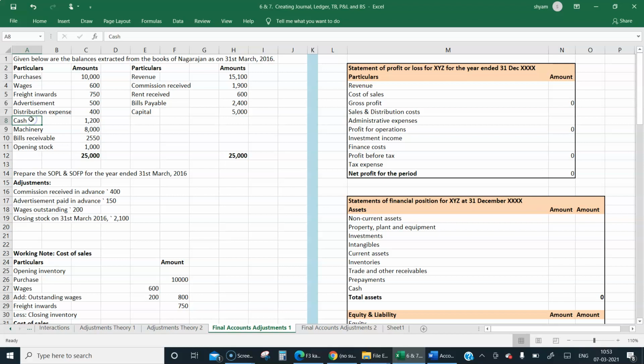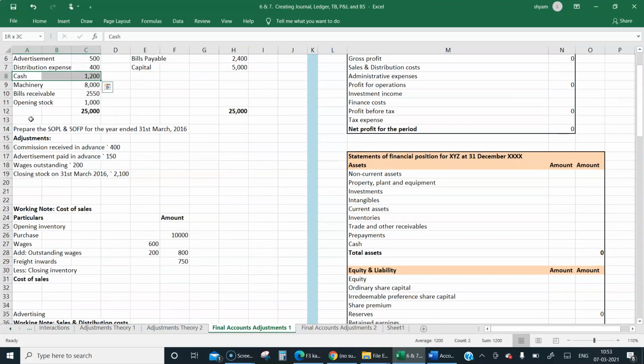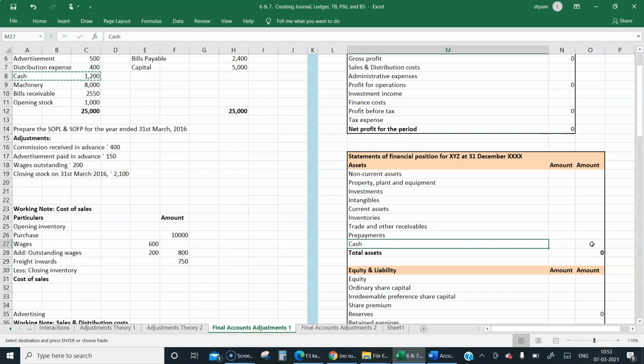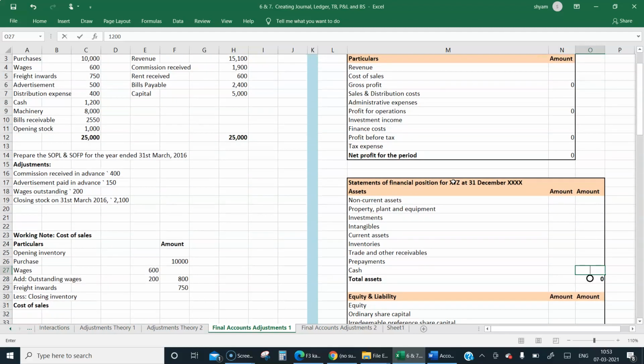So next is cash. So we have cash here. So cash amount is 1200. So next one is machinery. So machinery, I think there's no other machinery here. So we'll just take machinery and put it in this one. Machinery value is 8000.